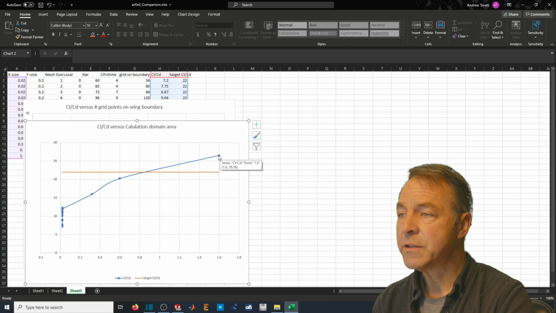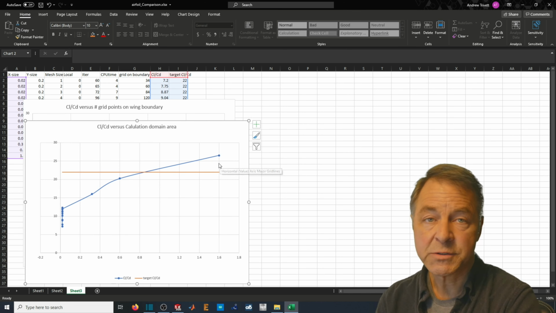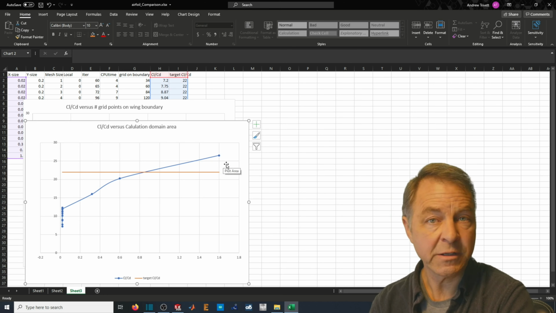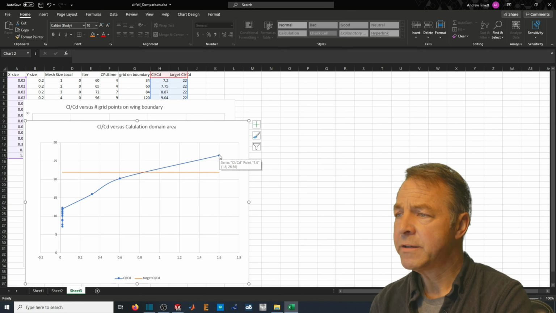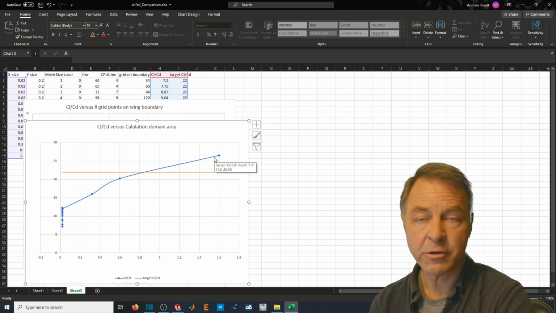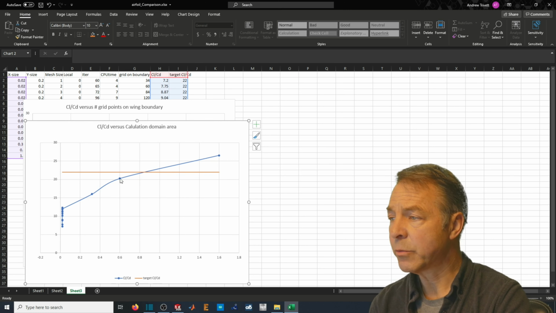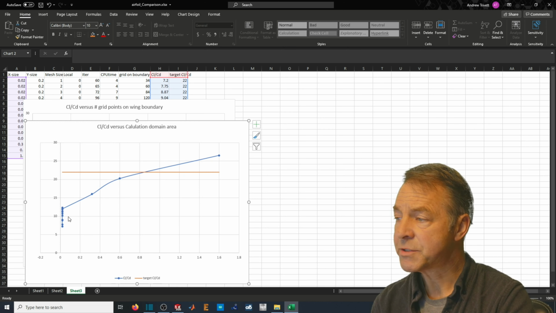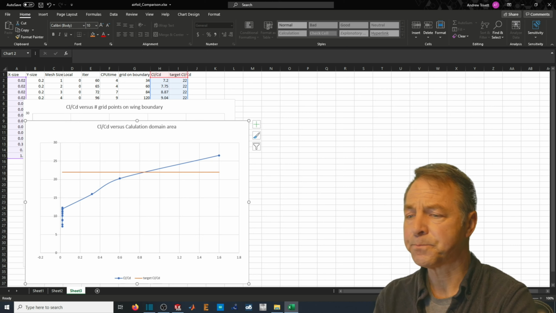Now, the reason that the lift to drag ratio is higher than we expected here is probably because the boundary layer wall that I chose was ideal: zero friction, no roughness. So I did get a higher lift to drag coefficient than I'd expected for this airfoil, but at least it's in the right range. It's in the 20s, as opposed to when I started, which was nowhere near what one would expect from the tables.